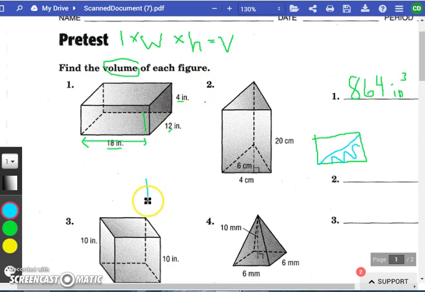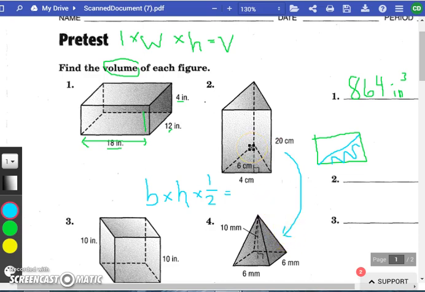And that's where this formula, base times height times half, is where you'll utilize this formula for either surface area, meaning the area of this one triangle, or a triangular prism down here.